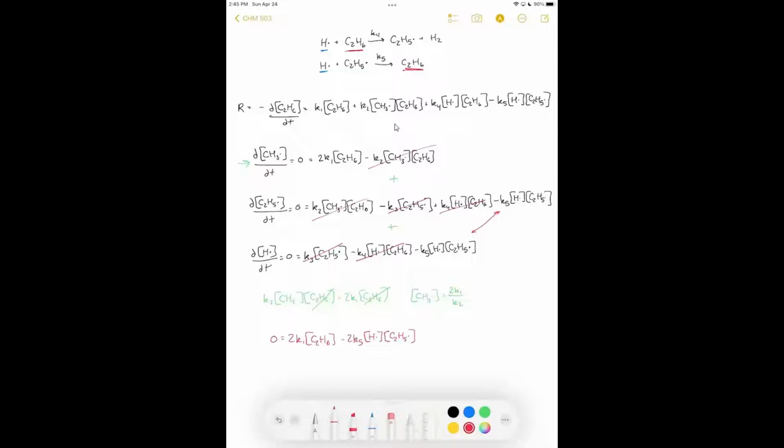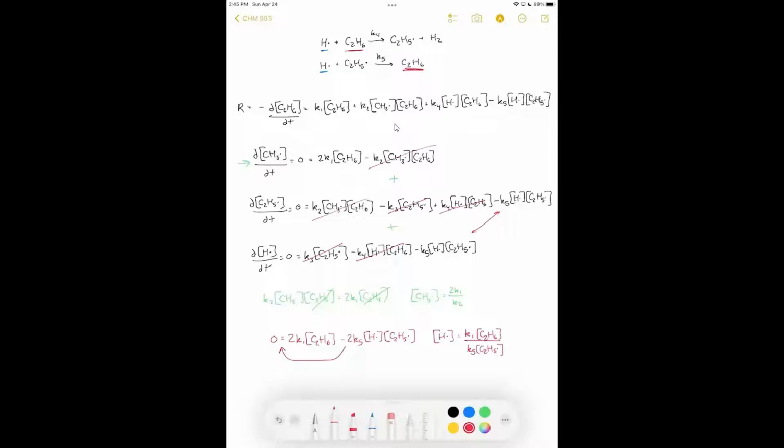We can then add this over to the other side of the equation and rearrange to solve for the concentration of hydrogen atoms, to find that the concentration of hydrogen atoms is simply equal to k1 times the concentration of C2H6 over k5 times the concentration of C2H5.